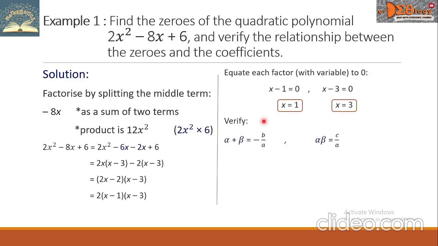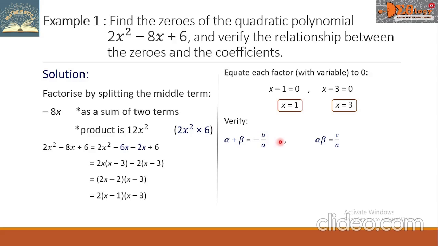Now let us verify the relationship between zeros and the coefficients. Take note that in our polynomial, the value of a is 2, the value of b is negative 8, the value of c is 6. Now let's begin with the first relationship. The sum alpha plus beta equals negative b over a.